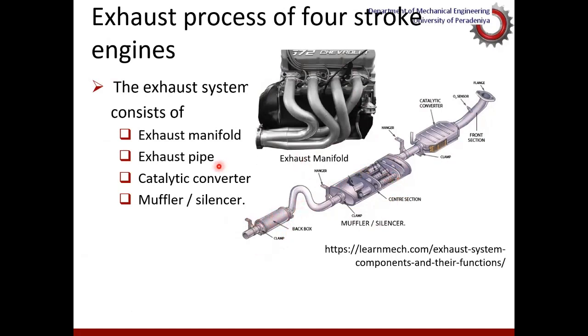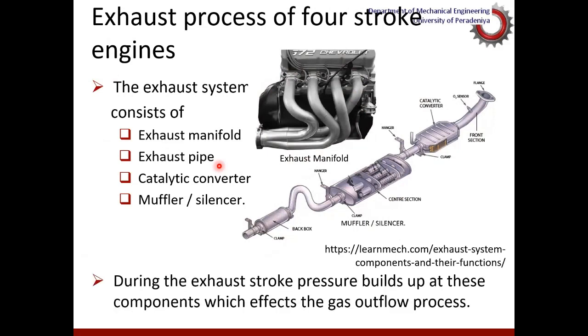So it's a two-stage process. Now, whenever you have various components connected to the exhaust system, there's a pressure build-up at each and every component. Accordingly, the efficiency of the exhaust process drops.